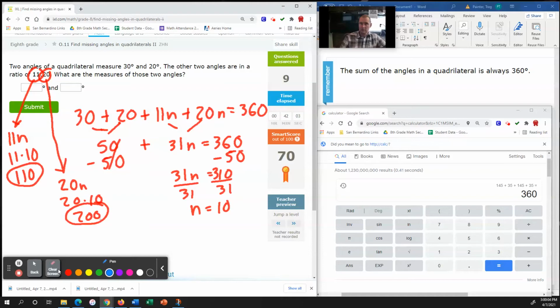All right, so I'm going to mark these in blue to keep track of them a little bit nicer. So I got a 200, I got a 110, and it's only two boxes, so that works out good. It just goes in those two boxes right there. Nice.